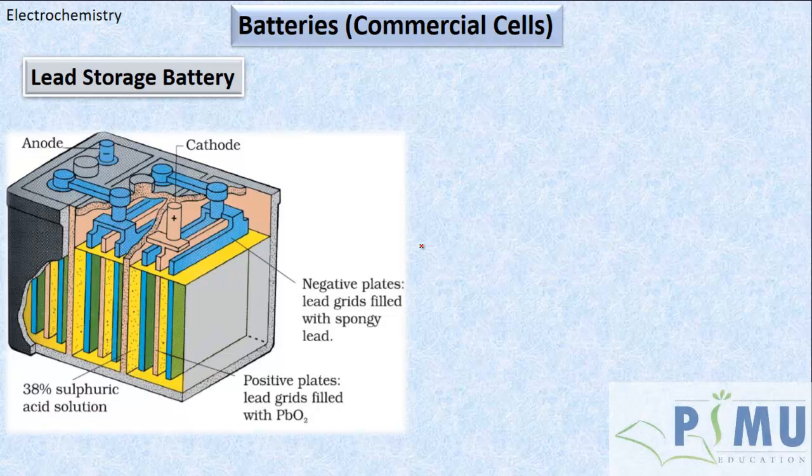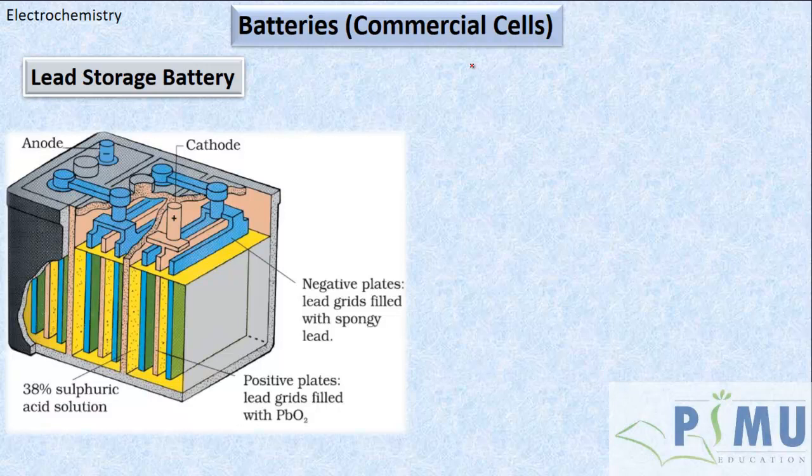It can be recharged by passing direct current and used again and again. It consists of 6 voltaic cells connected in series. In each cell, anode is made of spongy lead and cathode is a grid of lead packed with lead dioxide. The electrolyte is the aqueous solution of H2SO4, which is 38% by mass.